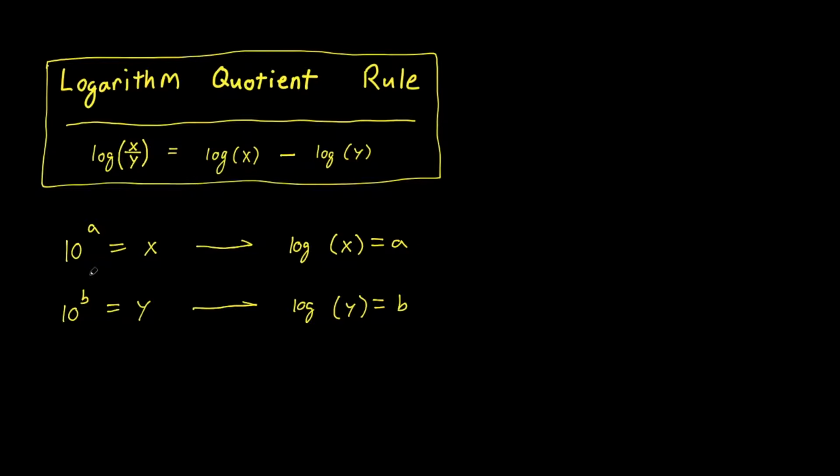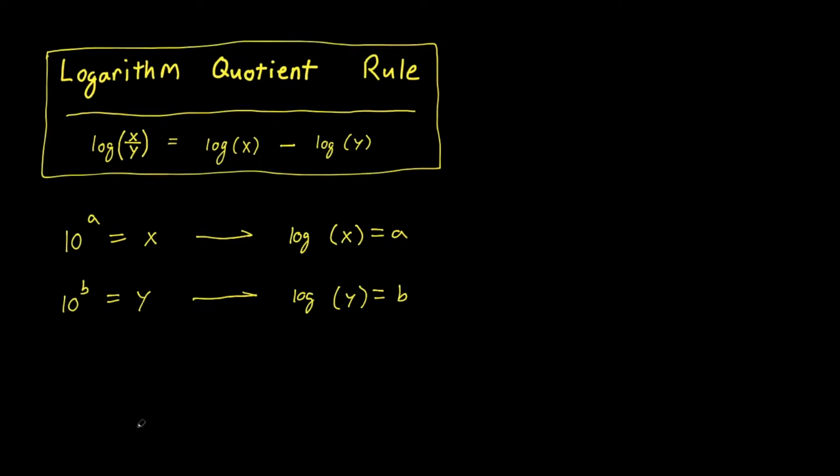It's just convenient and it keeps our work neat. It's important to keep in mind that this is true for all bases. This could be log base 68, it doesn't matter. This rule holds true for all bases. I wrote it like this because especially when you're getting started, it helps make things concrete. It allows you to really visualize what's going on and not get lost in extraneous details.